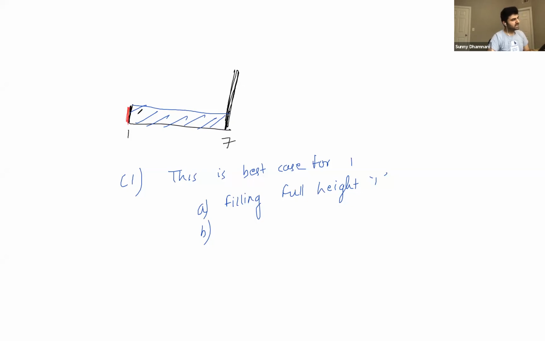Anything more than 1 you cannot fill for a container which has the wall as 1, right? And second, you are getting the maximum width, like the last element. So is this claim clear?